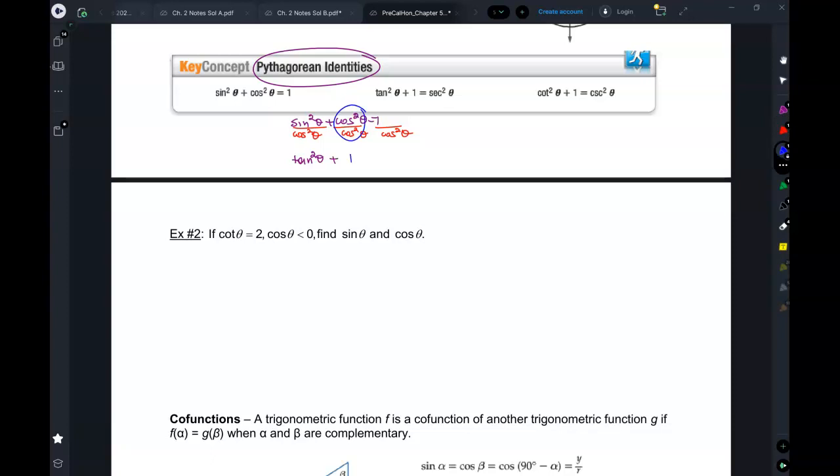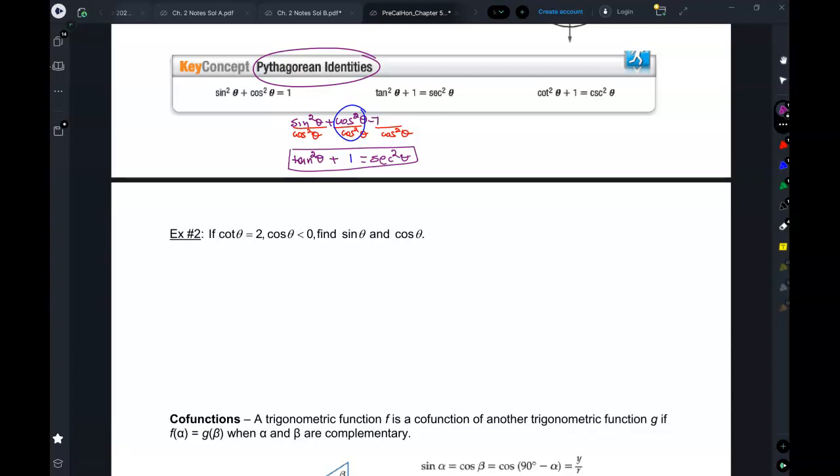A 1 equals, what's 1 over cosine? Secant. 1 over cosine squared is secant squared theta. So do you see how this is something that we just derived using this? This is now the second Pythagorean identity.